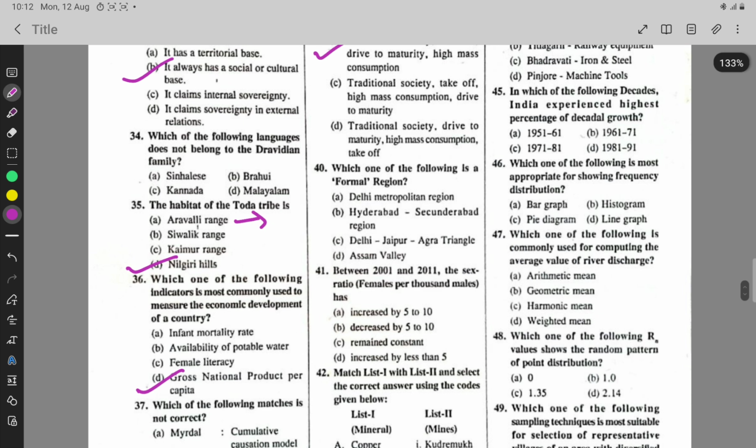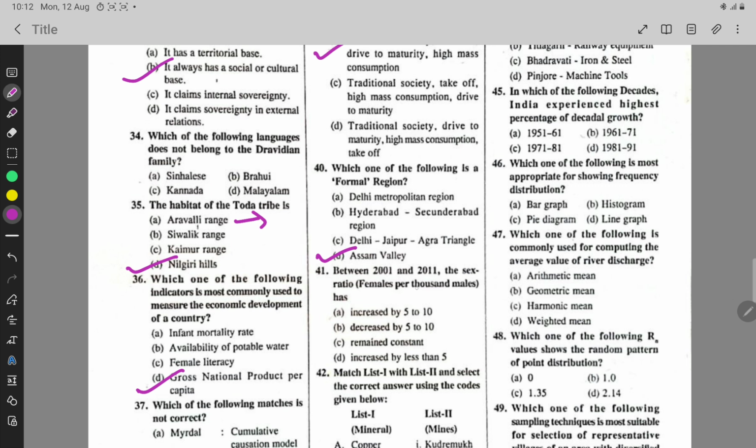Which one of the following is a formal region? Delhi metropolitan region is a functional region. Hyderabad Secunderabad region is also a kind of functional region. Delhi Jaipur Agra triangle, functional again. So Assam Valley is the formal region.